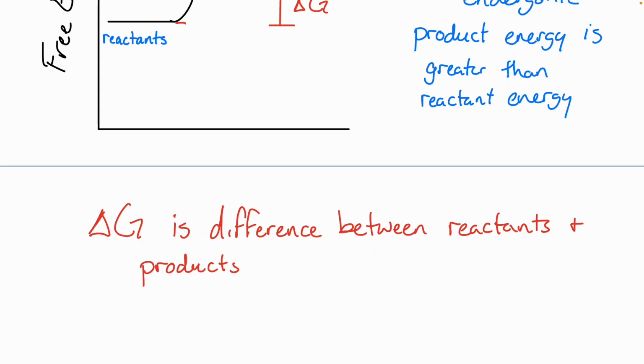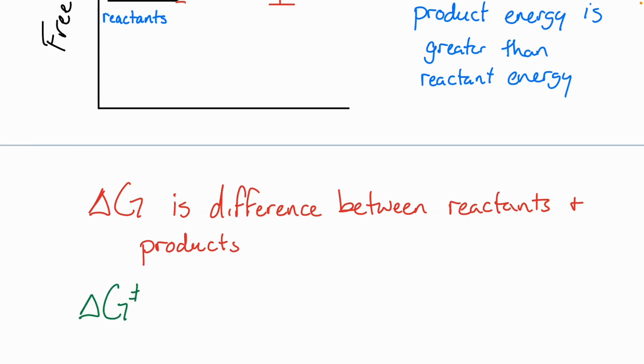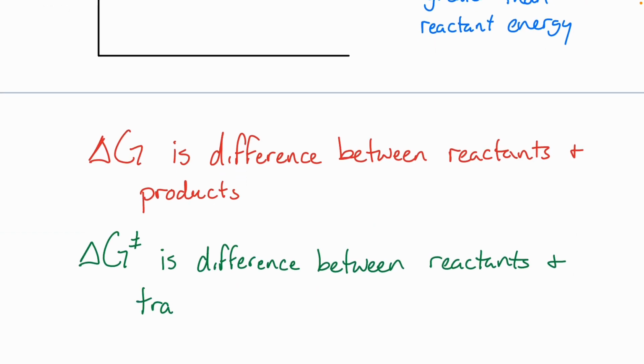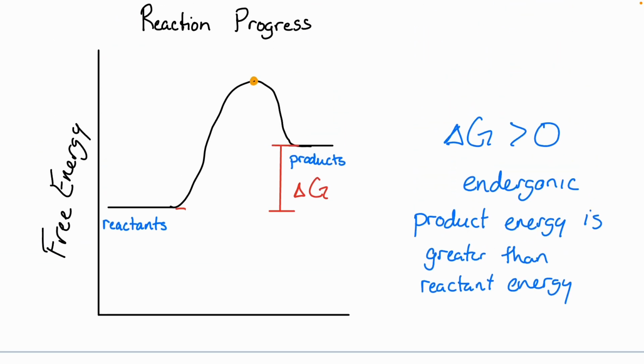And my delta G double dagger is the difference between the reactants and the transition state. Again, my transition state is that max value on my graph. So here's my transition state. My activation energy is going to be from my reactants all the way to the energy of that transition state. All right, so here's my delta G double dagger.